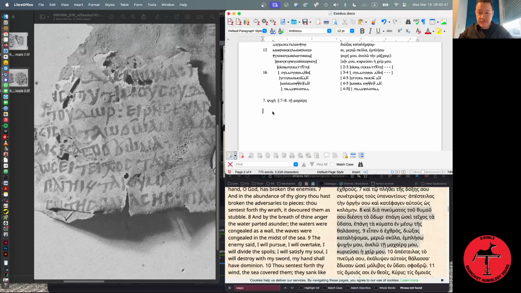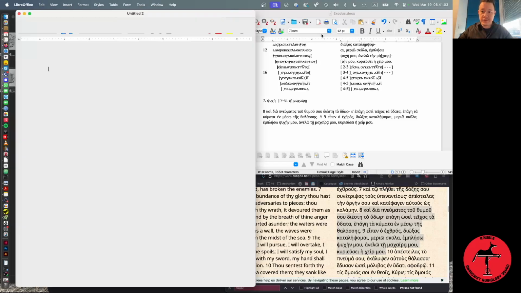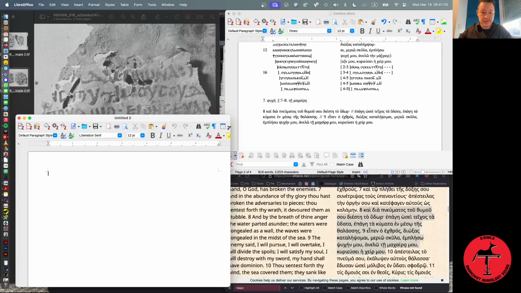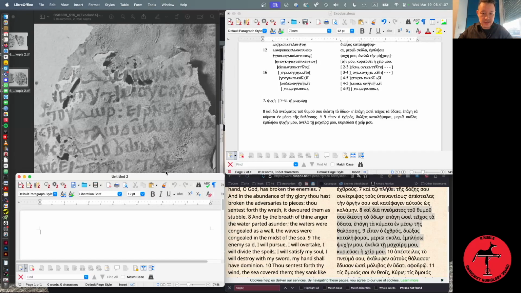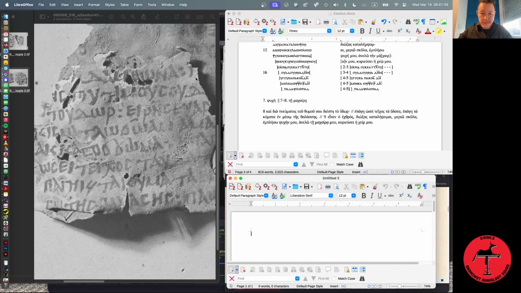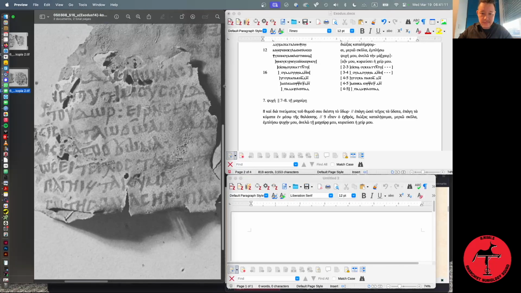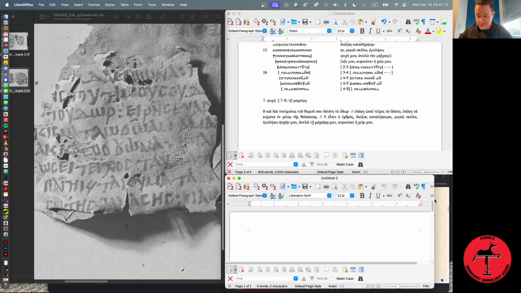So I have a sense of, and then, okay, this is how it's split up. And then for now, I would like another document so we can slowly start our analysis.